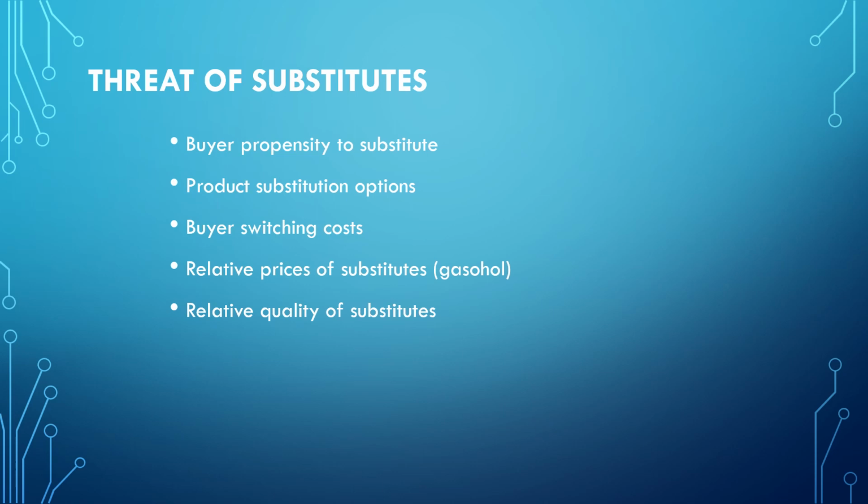Okay. Now the idea behind the threats of substitutes is that a person doesn't necessarily have to buy a product from your industry if there are substitutes for them. The example that I like to use is the example of gasohol.